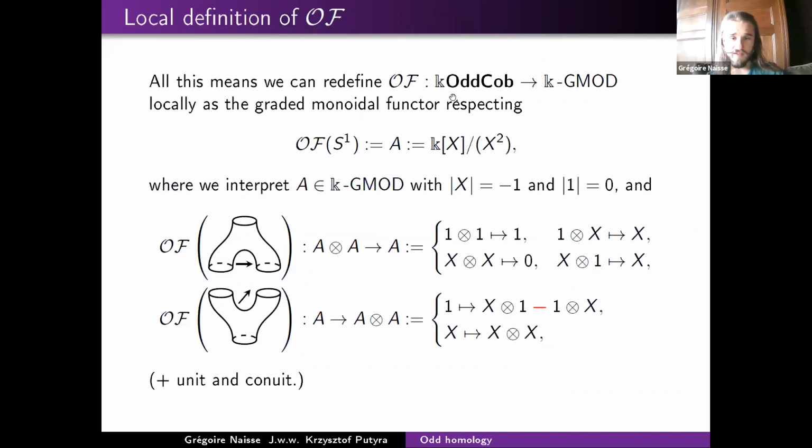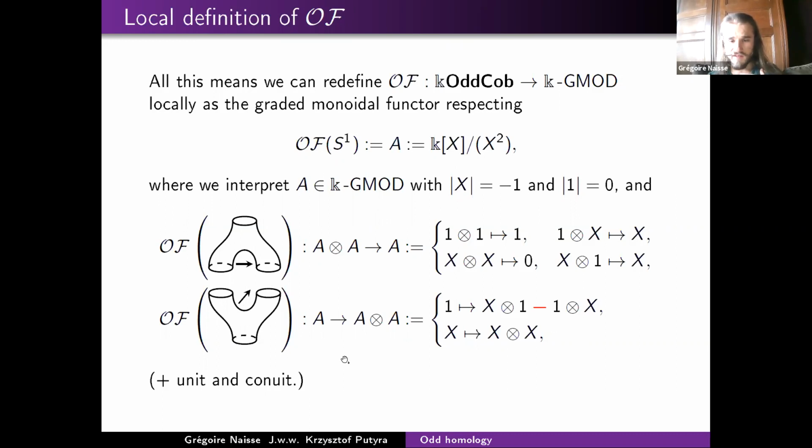And so all this means that now we can also somehow redefine or rethink the way we were thinking about our functor, because you can define it completely locally. So to a circle, now you just assign the same space as before, except that you think of x as in degree -1. And you put this formula for merge and split.